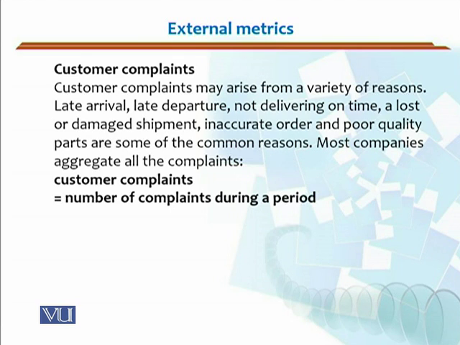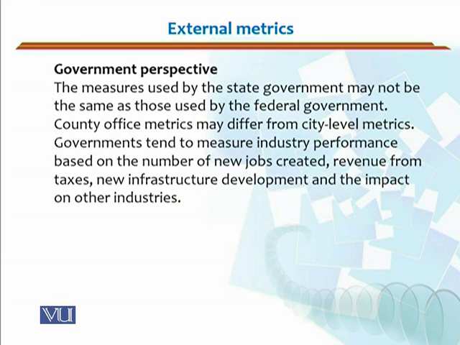So if you have a damaged shipment, not delivered on time, late departure, late arrival, all of these things account for customer complaints. Most companies aggregate all the complaints. So, customer complaint is actually equal to the number of complaints during a period, irrespective of the type of complaint given by the customer.